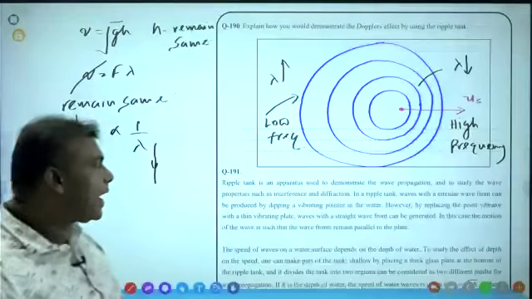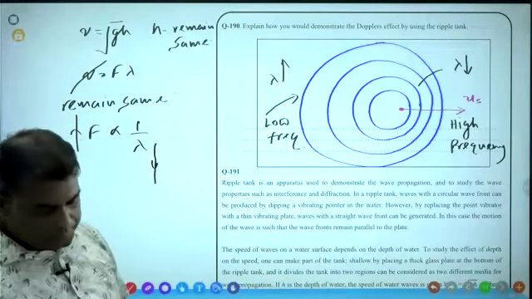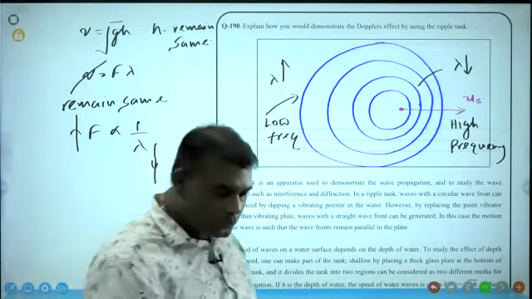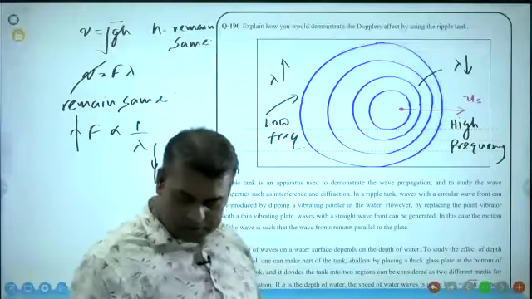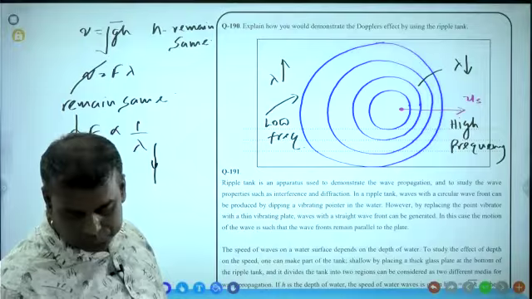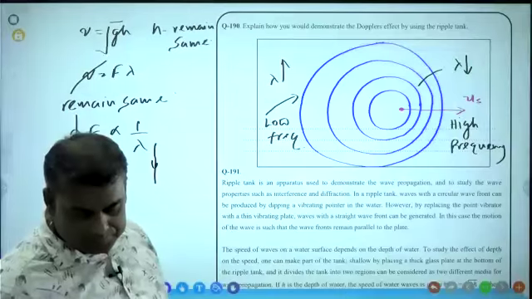Okay. And away from the source, wavefronts are apart.